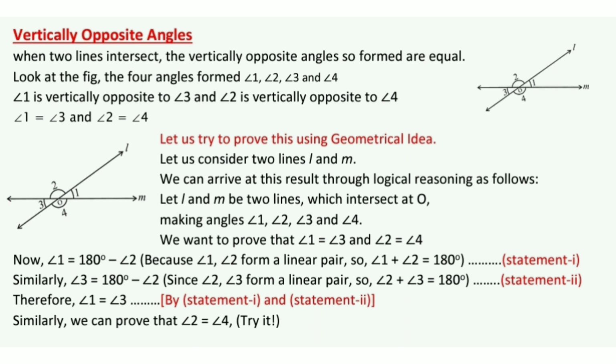This is statement number 2. Now therefore, from statement number 1 and statement number 2, we can say that angle 1 is equal to angle 3. Similarly, we can prove that angle 2 is equal to angle 4. Now, you have to try this by yourself. It's clear?